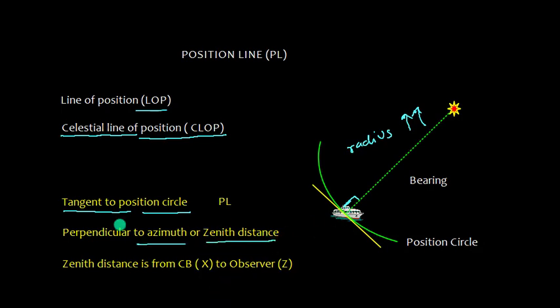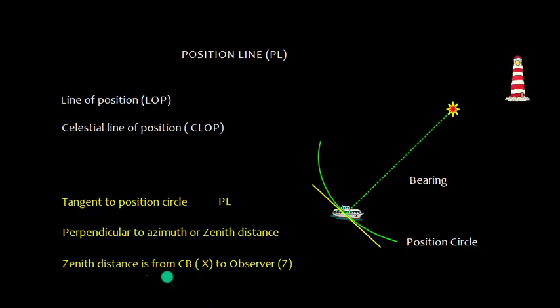All right. So, zenith distance is the distance from the celestial body to the observer, CB or X to Z. So, this is CB, this is the observer. So, that is actually the zenith distance.